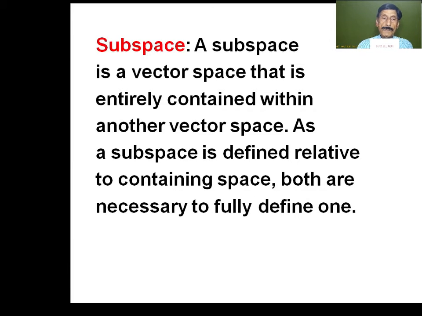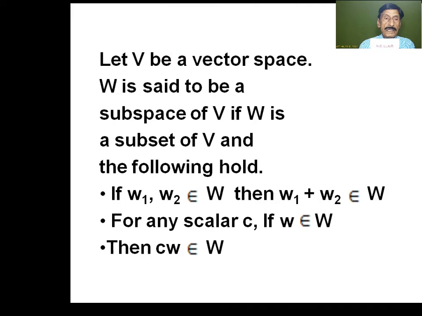Subspace. A subspace is a vector space that is entirely contained within another vector space. As a subspace is defined relative to the containing space, both are necessary to fully define one. Let V be a vector space.